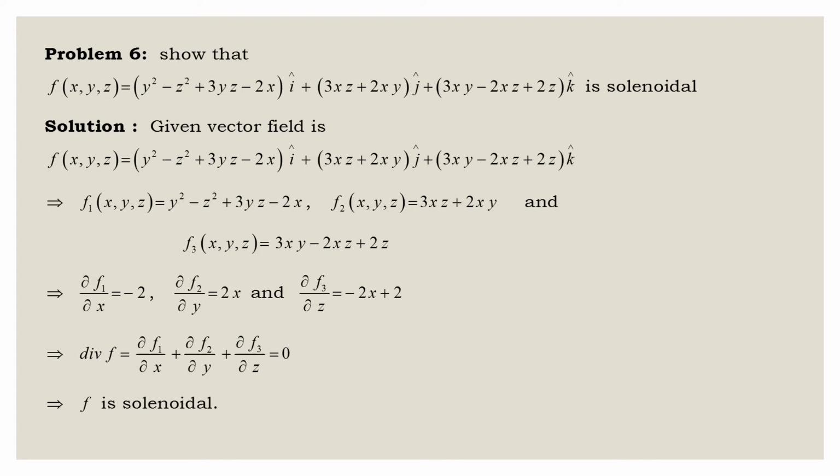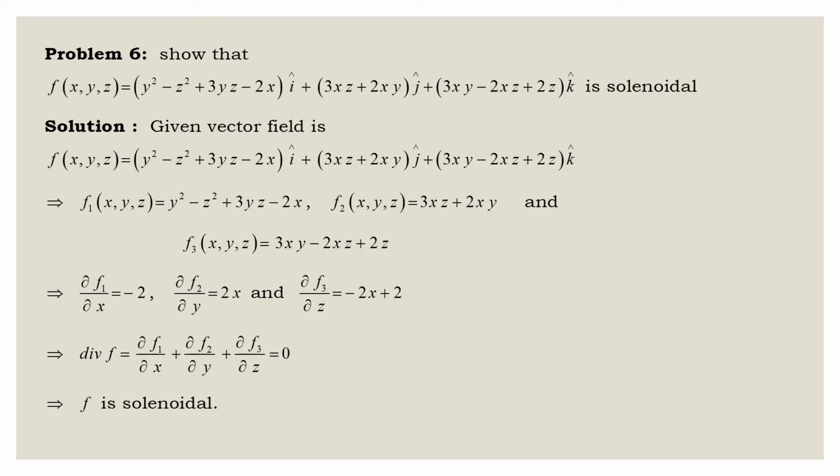If we take dou f2 by dou y, we get 2x, because f2 of x, y, z equals 3xz plus 2xy. If we find the third partial derivative, dou f3 by dou z, we get -2x plus 2.